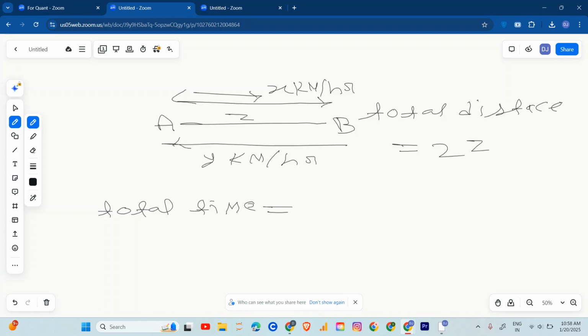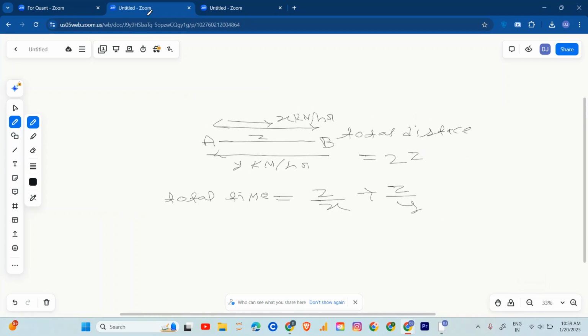So from A to B, the distance is z and the speed is x, plus, when it is coming from B to A, the distance will be the same, but the speed is y kilometer per hour. So z divided by y. Now we have total distance and total time, so we can calculate average speed.